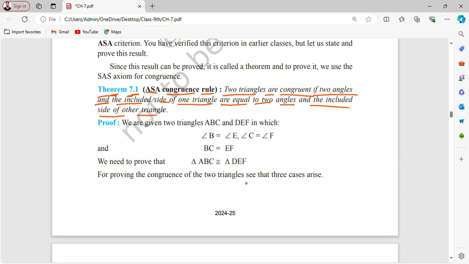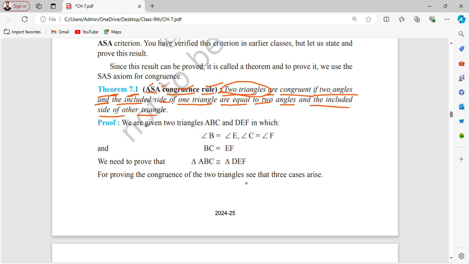If we want to understand the ASA congruency rule, first we will take two triangles.